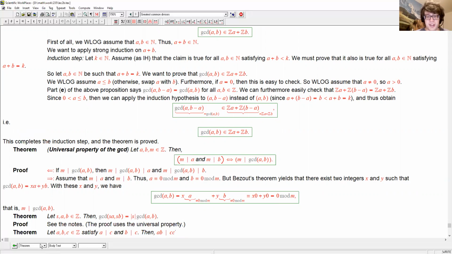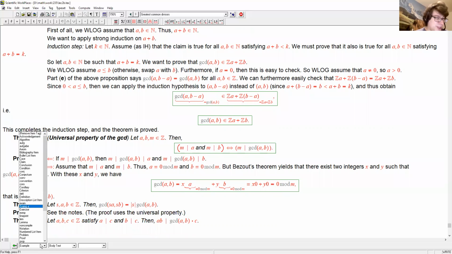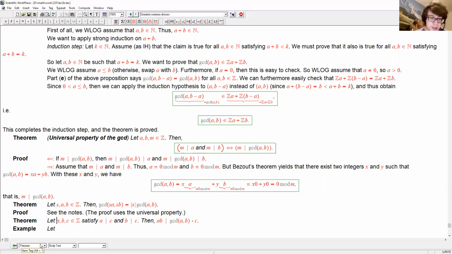Well, you can multiply the divisibilities and get AB divides C squared, but that's not what we want. Instead, I claim that we have AB divides GCD of A, B times C. And this is interesting because this divisibility can be a lot stronger than both of these. In particular, it can be that these are proper divisibilities, so not equalities, but this is an equality.